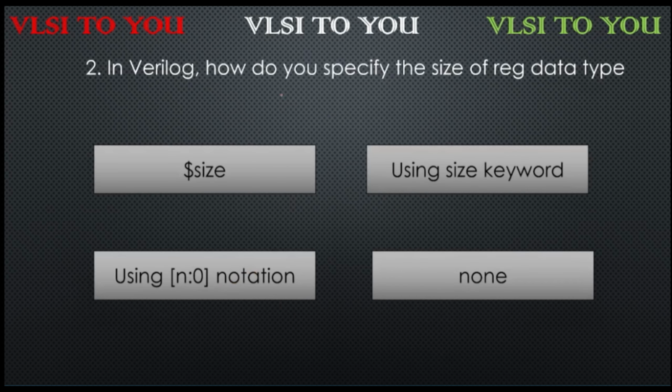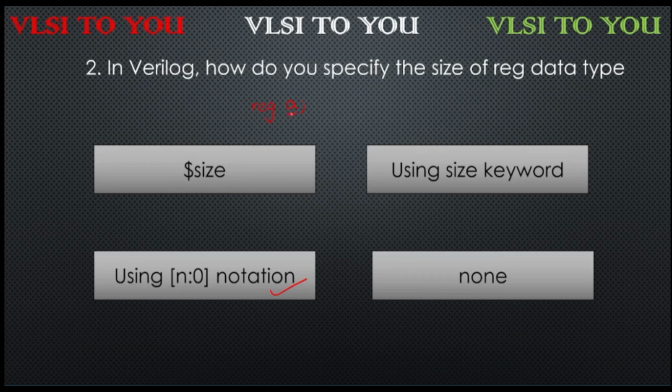And then, in Verilog, how do you specify the size of a reg data type? In order to specify the size of any data type, not only reg, how will you notate it? By using the n down to 0 notation. For example, if you are taking some reg A, this is my particular variable.